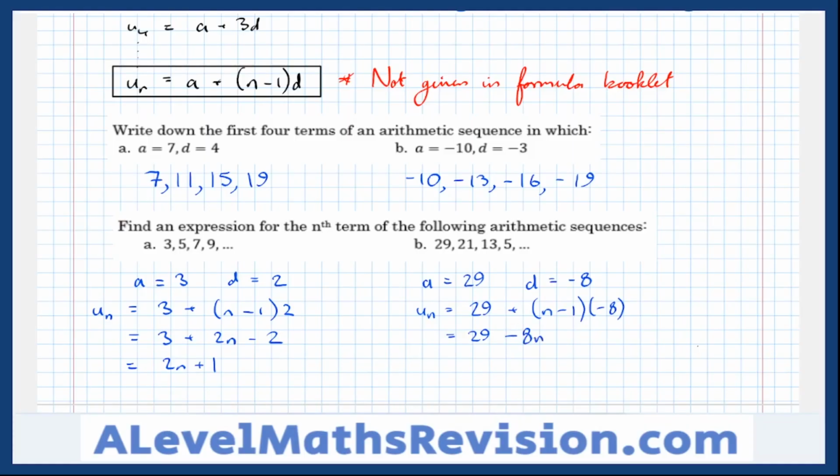So 29 take 8n, then minus 1 times minus 8 is positive 8, which is equal to 29 add 8 is 37 minus 8n. And there we have it, the nth term of a sequence given some terms in that sequence.